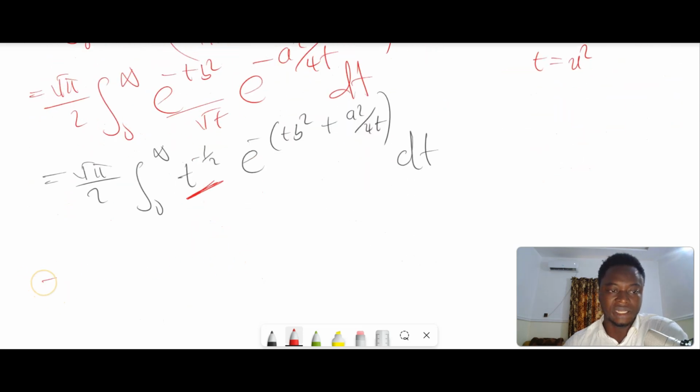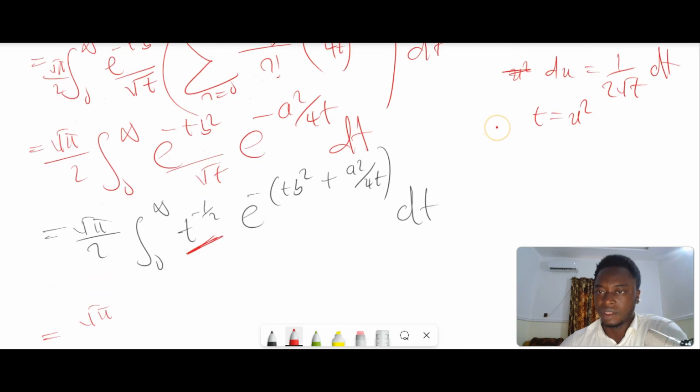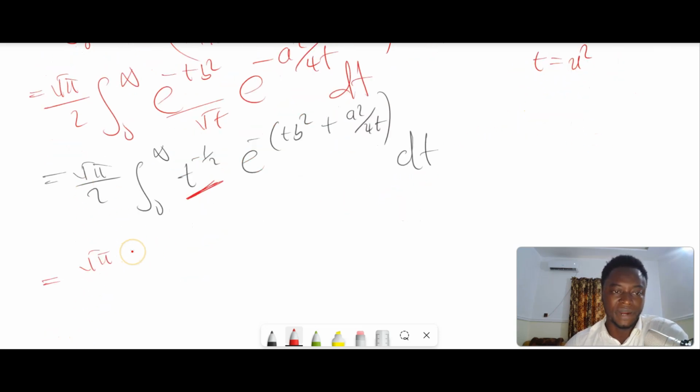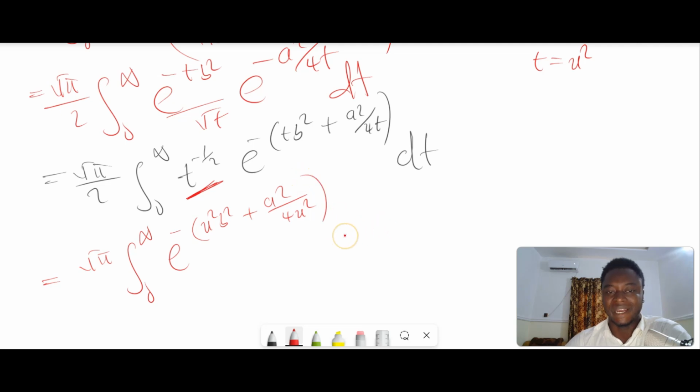So we write this as square root of pi, and the 2 cancels the half, so you have the integral from 0 to infinity of e to the power of negative (u squared b squared plus a squared over 4u squared) du.